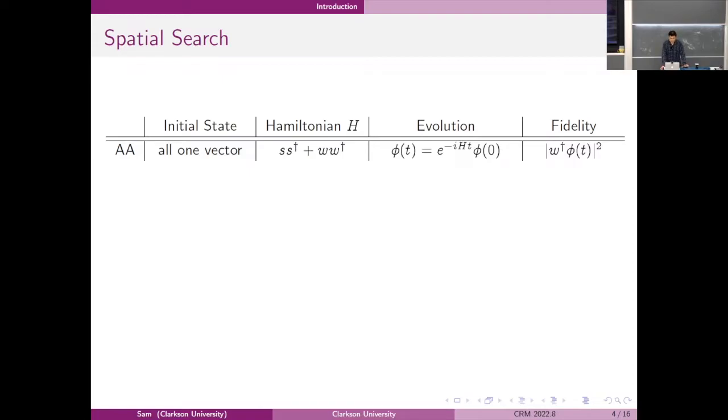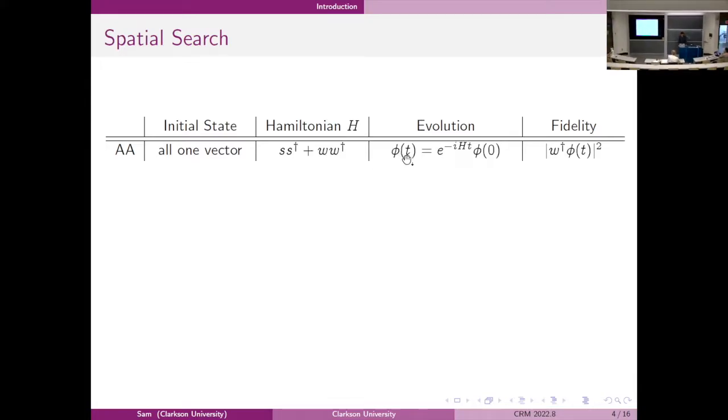That says Grover search, in this continuous time version, is a continuous time quantum walk over the complete graph. The |s><s| means the adjacency matrix of the complete graph, and for the |w><w|, we have to put a self loop on one of the vertices.